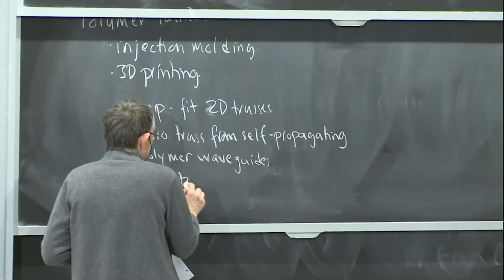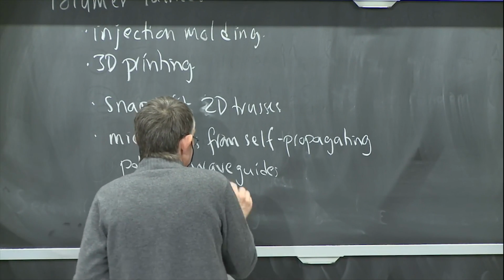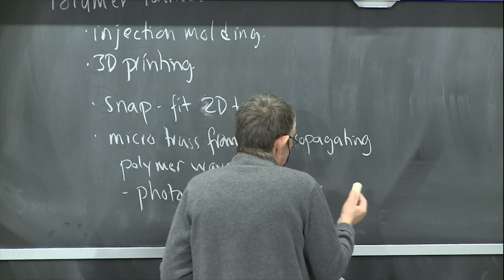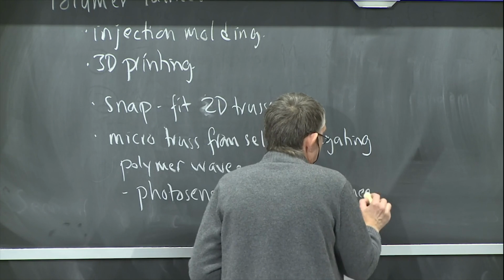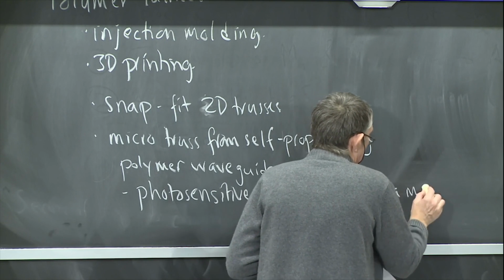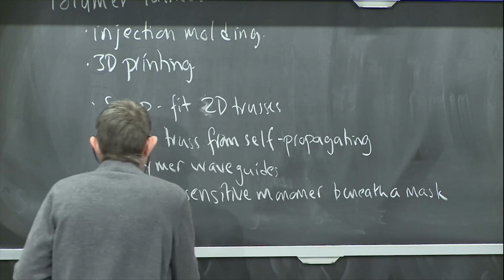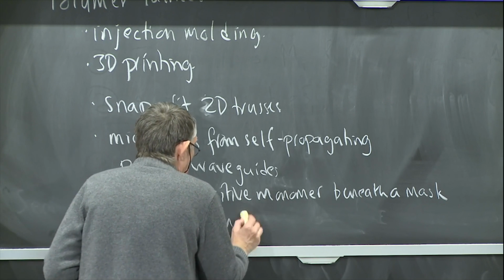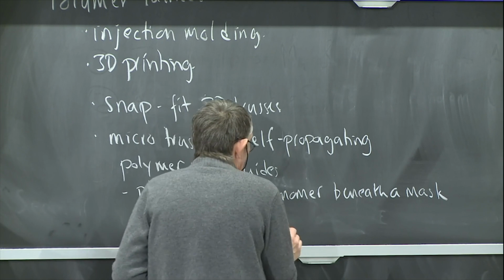So you take a photosensitive monomer, and you have it in a mold beneath a mask. And then you shine collimated light on it.